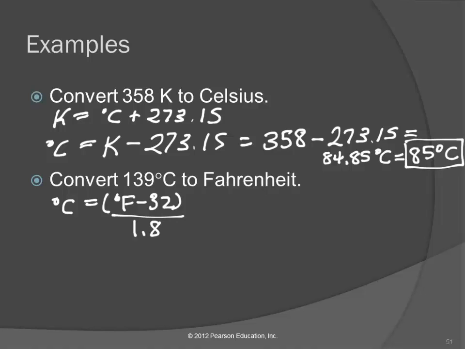That's an equation that relates the two temperatures, but it's not the equation we need. We're given Celsius, we're trying to find Fahrenheit. We need that equation in terms of Fahrenheit equals something. So we have to rearrange this.